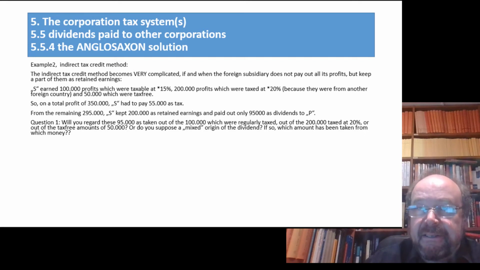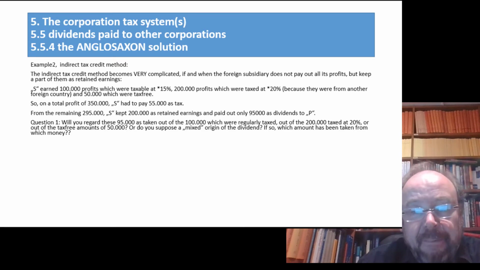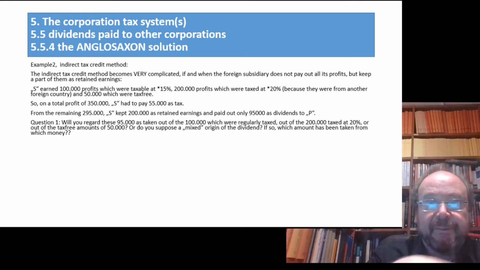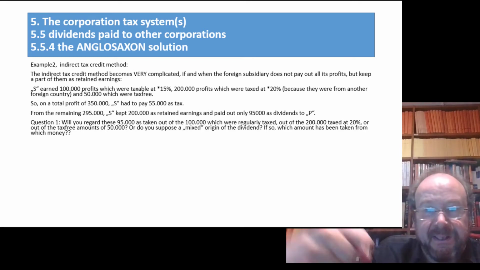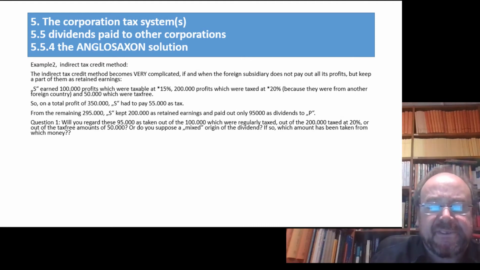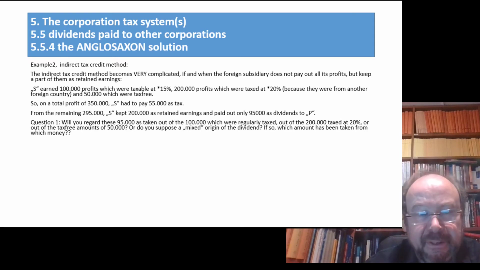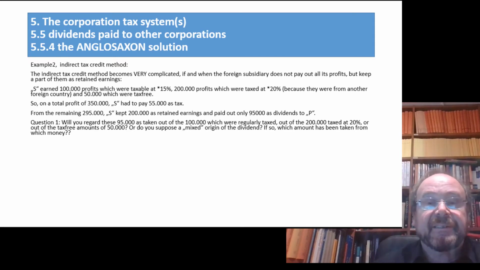Which amount comes from the tax-free 50,000, and which amount comes from the 15% taxed 100,000? Or do you suppose it was all mixed up and mingled, and so you have only the total profit and the mixed rate? If so, how do you determine the mixed rate? And how do you prove it to your home fiscal administration? Very, very nice ideas.